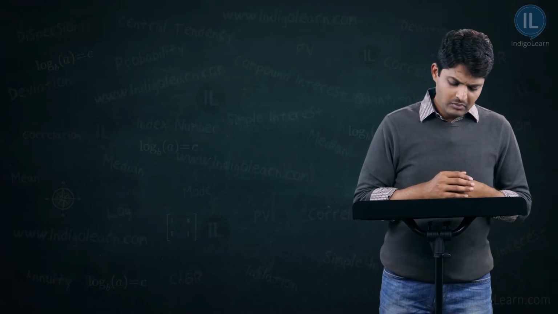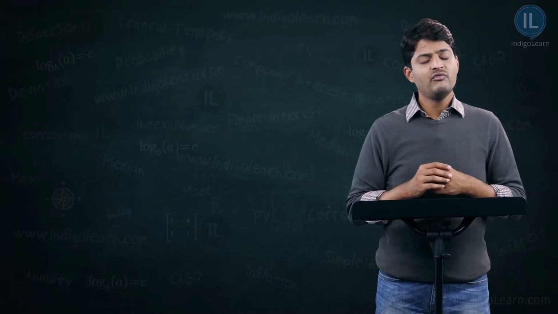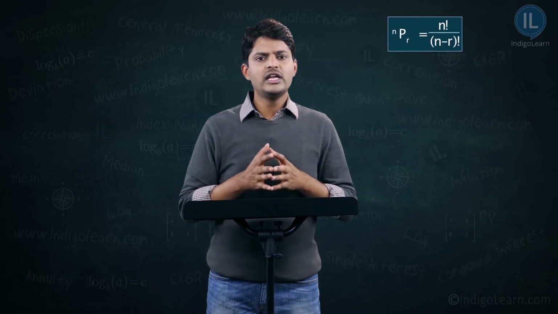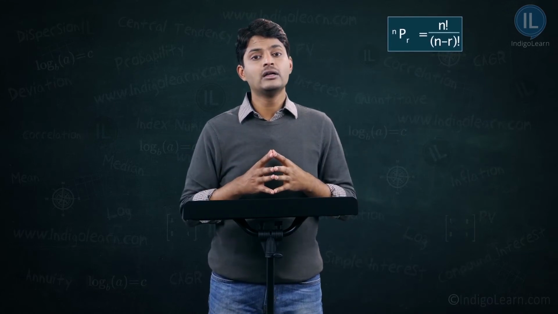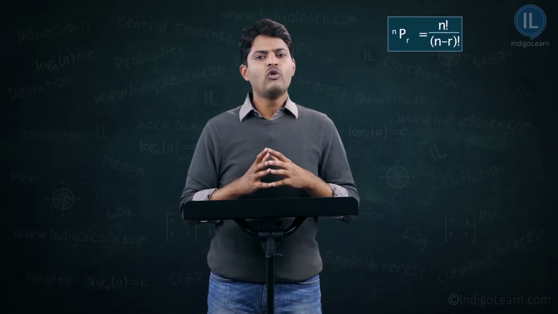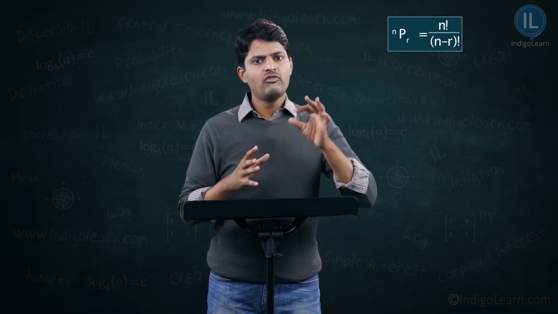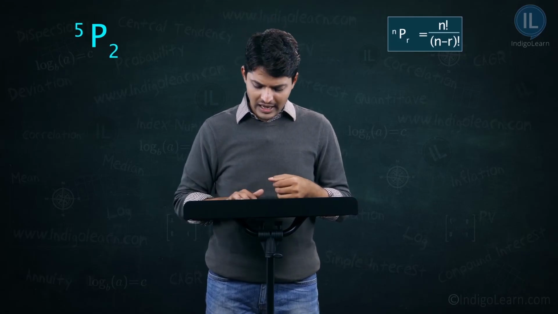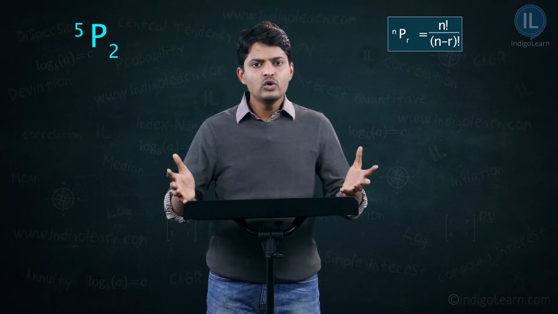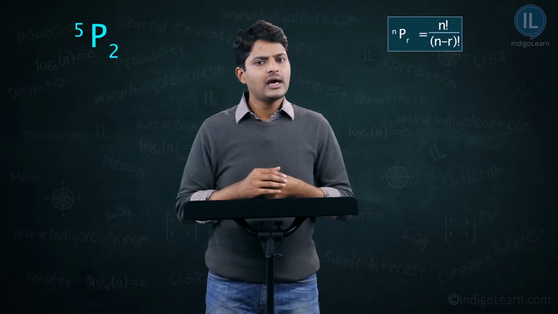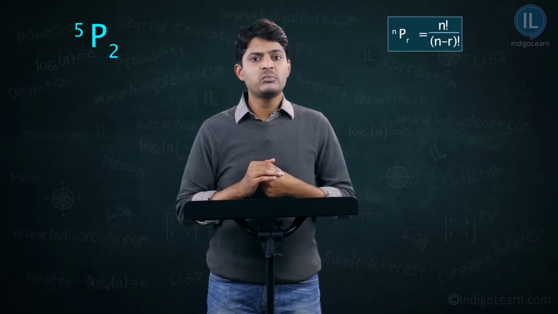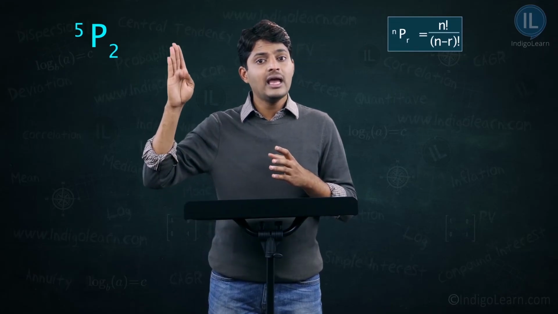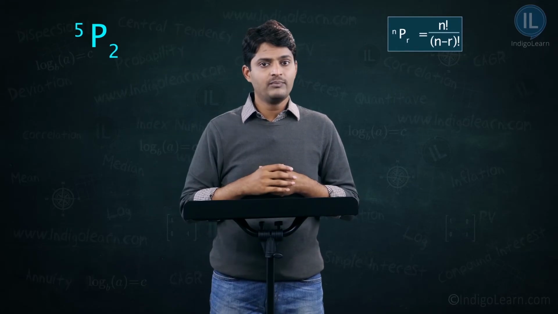Okay. Now my fundamental question is, whenever we have the notation NPR, what are the rules that we need to follow to use NPR. Now I am going to ask you guys, what is the value of 5p2? So to solve this, you should know how to denote the value of NPR. So in the initial part of the class, I explained that the NPR formula is nothing but n factorial by n minus r whole factorial, right?